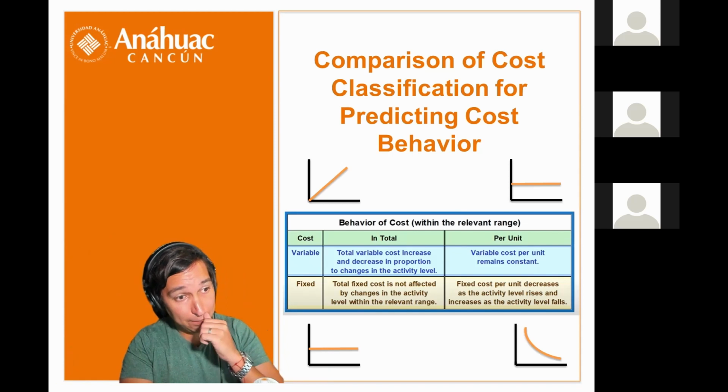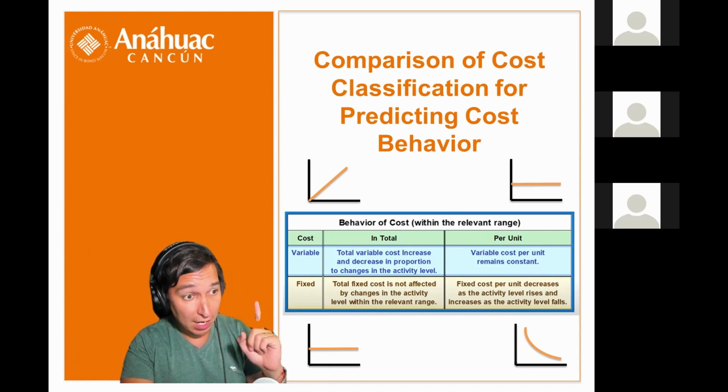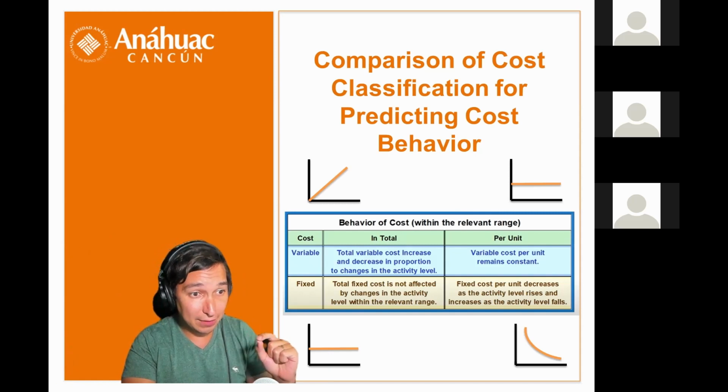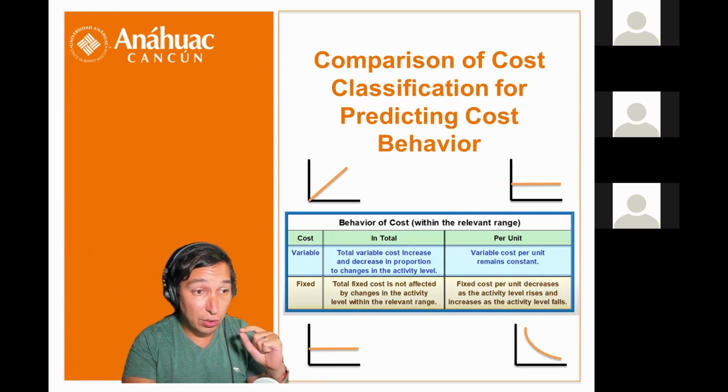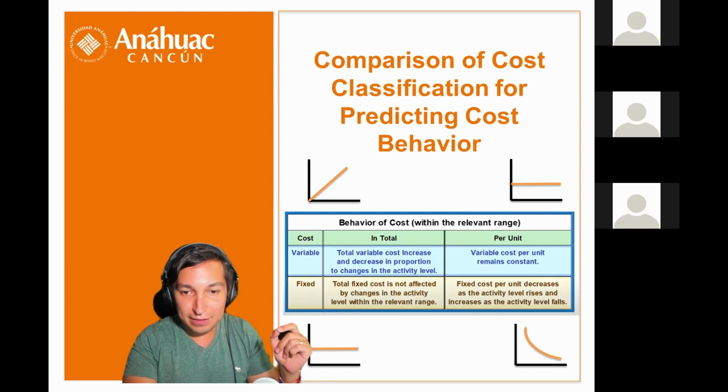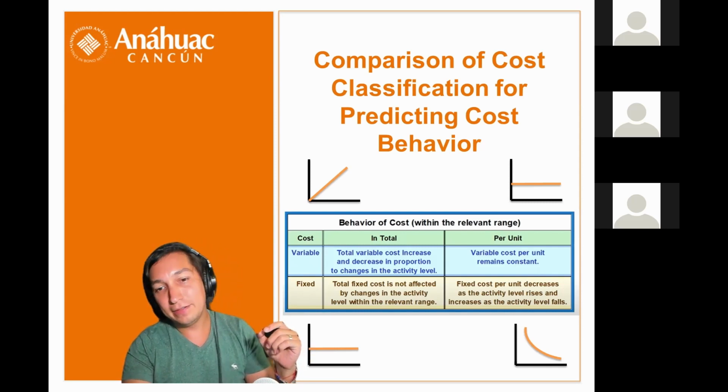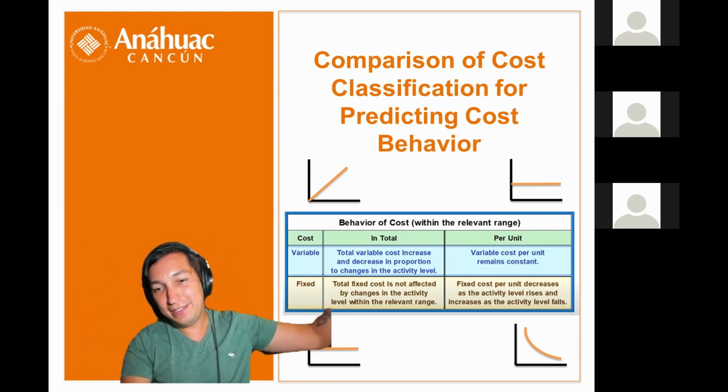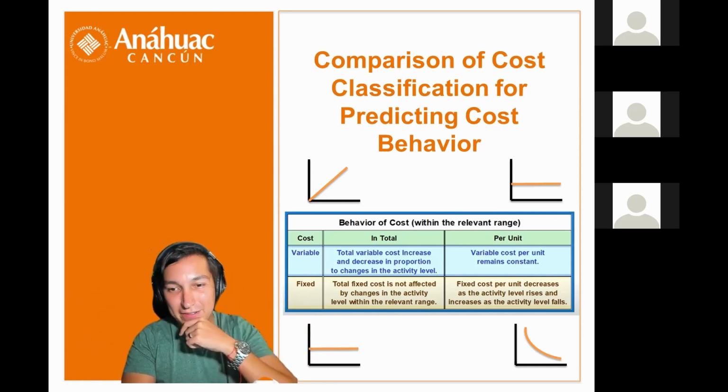On a per unit basis though, our variable cost per unit is going to remain constant. So it's $5 of materials for every single unit we produce. So our graph would look like the graph that we have on the other side, on the top part, of the per unit.